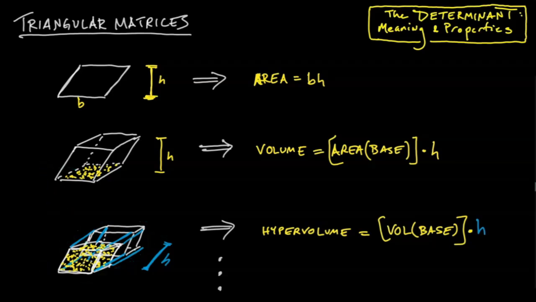But in all cases, however many dimensions we're working in, we get the volume in the generalized sense by multiplying the base times the height. Once we understand that, it becomes very easy to understand the determinants of triangular matrices. Why is that? Let's look at an example or two and you will see it yourself.